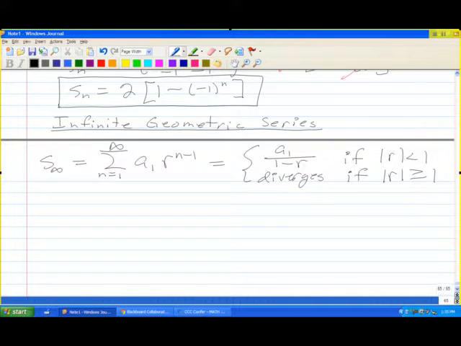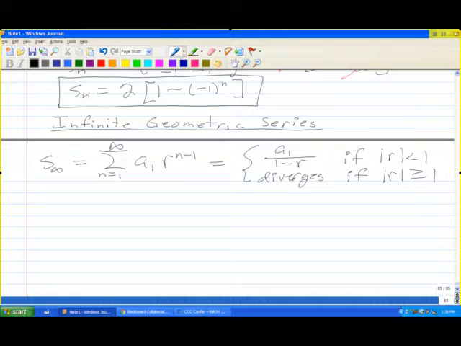You're adding up a whole bunch of terms that aren't going off to 0, or adding and subtracting things that don't necessarily become smaller and smaller. So your answer becomes difficult to determine, and we say that it diverges, gives us a divergent answer.